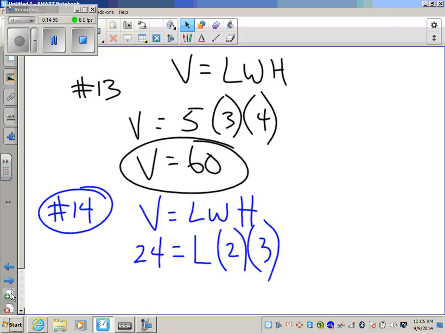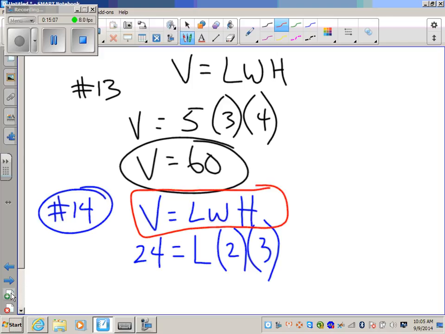I didn't look at the problem and then go hide under a rock somewhere. I have a formula right here. All I did was take the information that they gave me and substitute it in my problem. If I knew what V was, I put it down where V was. I didn't know L, therefore I wrote the letter L, but I knew W was 2 and H was 3. Can I do anything more with this problem? Can I simplify? I have to solve for L.